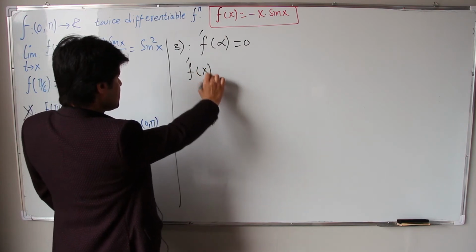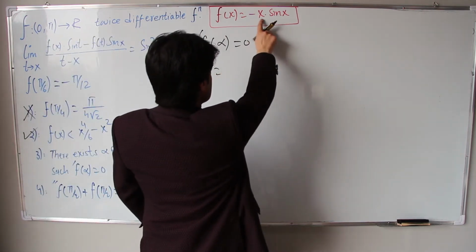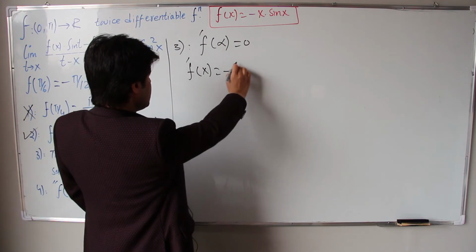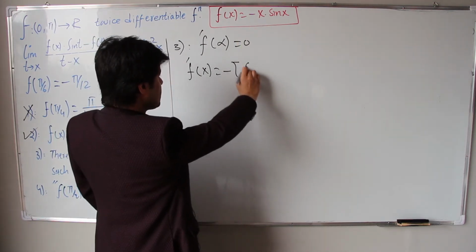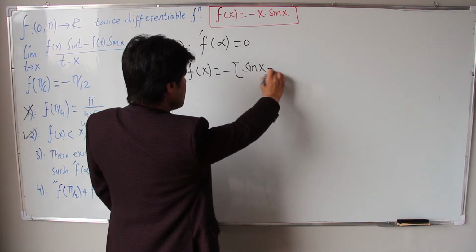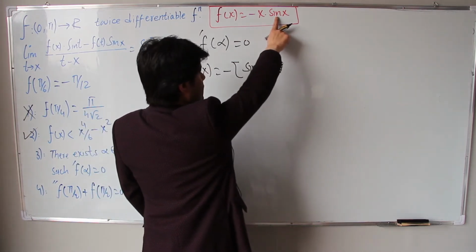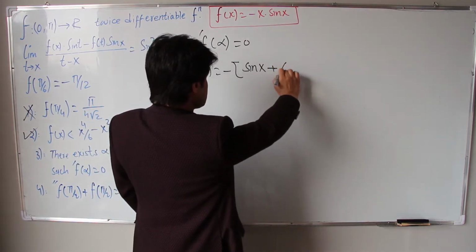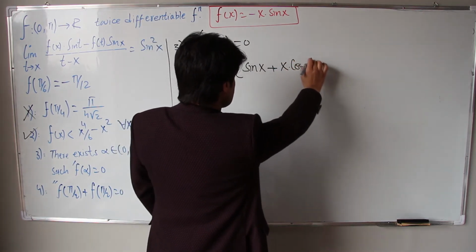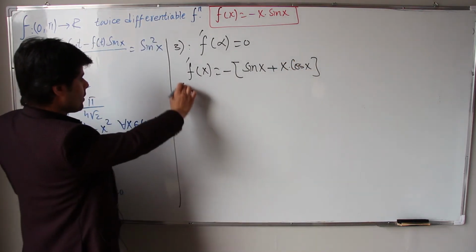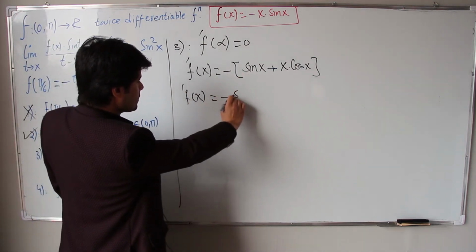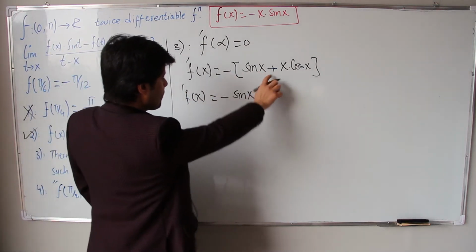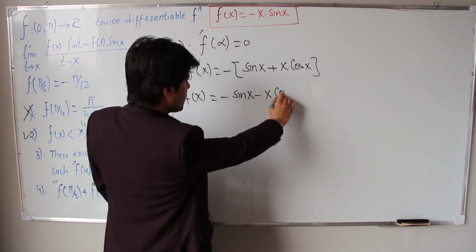f prime of x, using the product rule: so minus, what's the derivative of x? It's 1 times sine x, plus the derivative of sine, cosine, times x, cosine x. And we will have f prime x is minus sine x minus x cosine x.